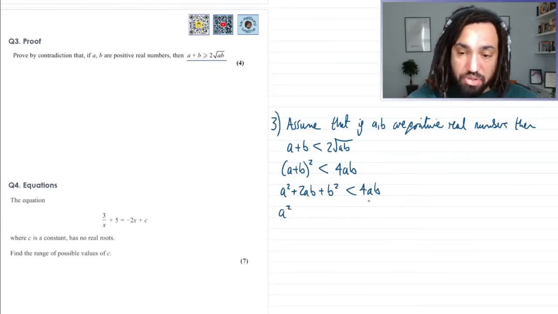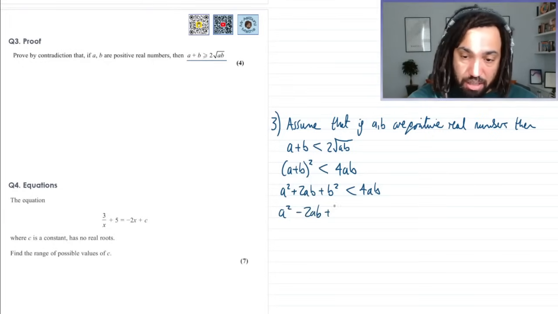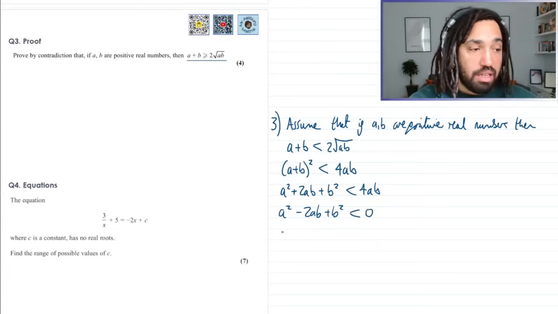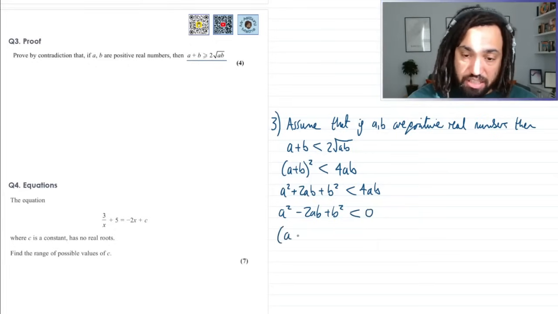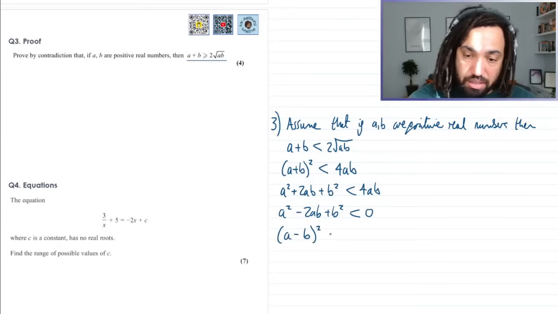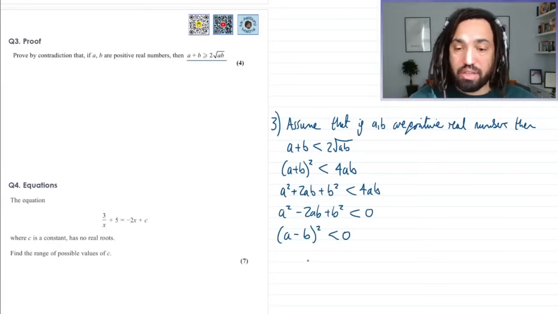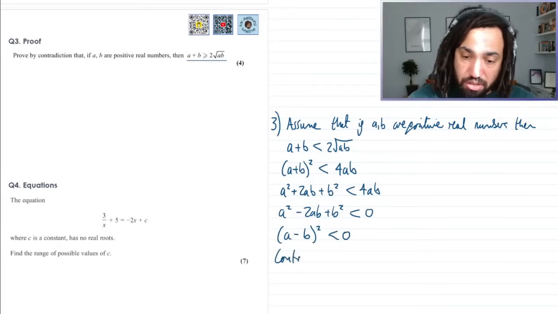So if I subtract the 4AB from both sides, this gives me A squared minus 2AB plus B squared is less than 0. And if I refactorize here, this gives me (A minus B) squared is less than 0.